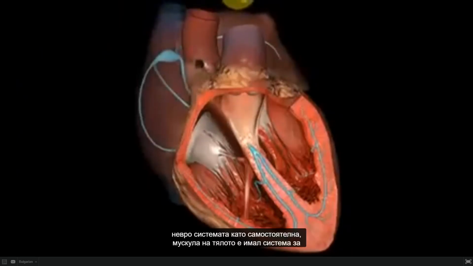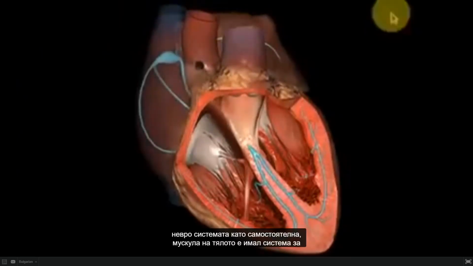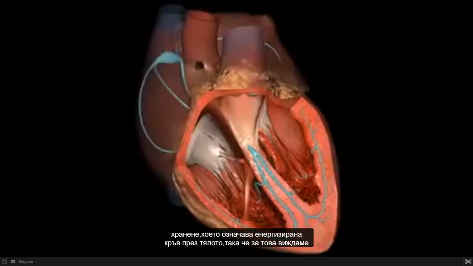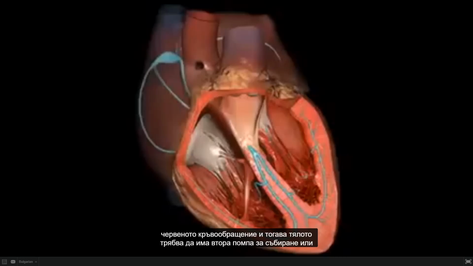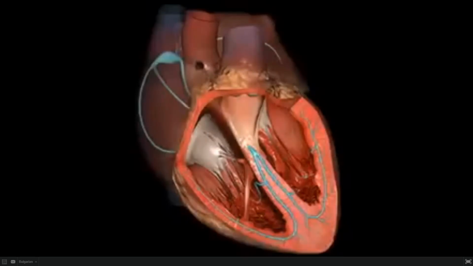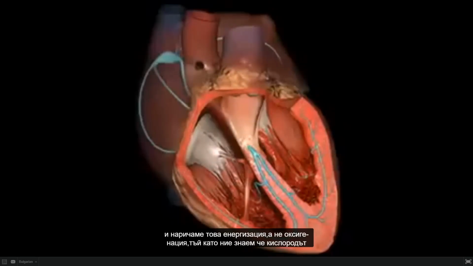Putting out the nervous system as a system on its own, the body must have had a feeding system, which means sending energized blood to the body. So that's why we see the red blood circulation. And then the body must have had a second pump collecting what the body doesn't need, in respect to the oxygenation, or what we call energization, not oxygenation, because we know no oxygen crosses the wall of the lung.